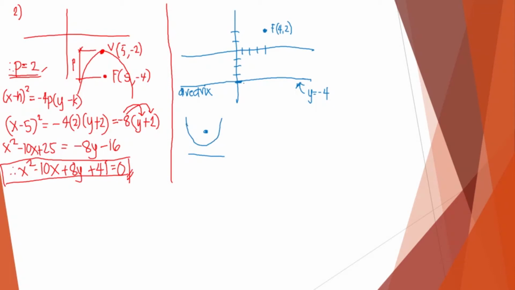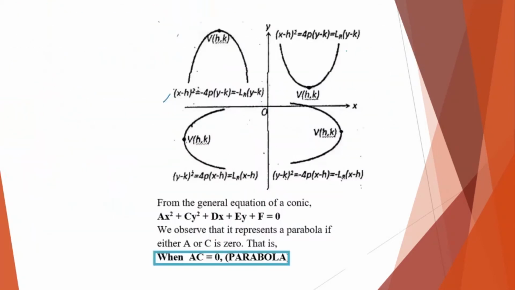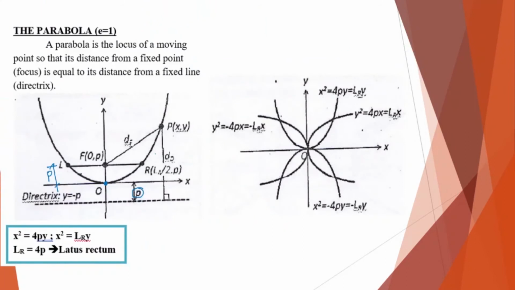Then recall that the distance between the focus and the directrix is twice p. If we go back to the illustration, from the vertex to the focus we have p distance, then from the vertex to the directrix you have p distance.